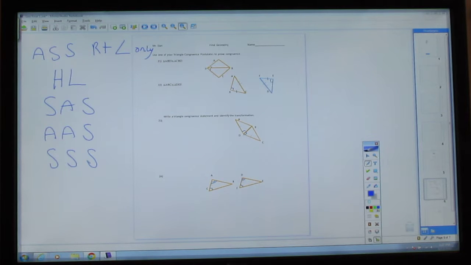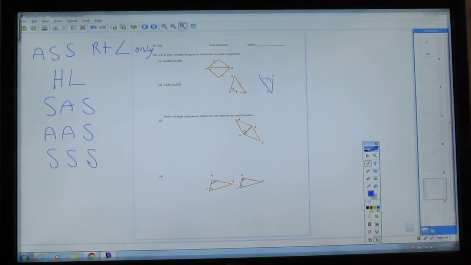Can you think of it? One more. SSA? Close. That would be ass backwards. Or the SA? Oh, so close. That would be AAS backwards.